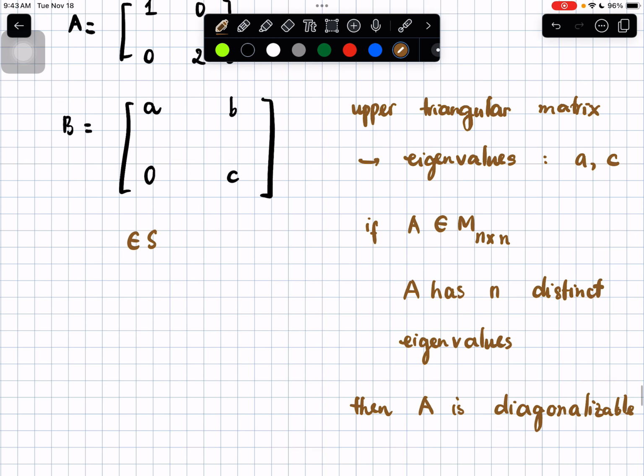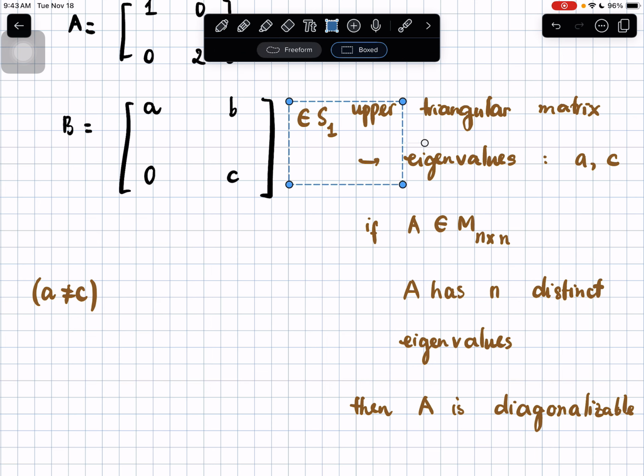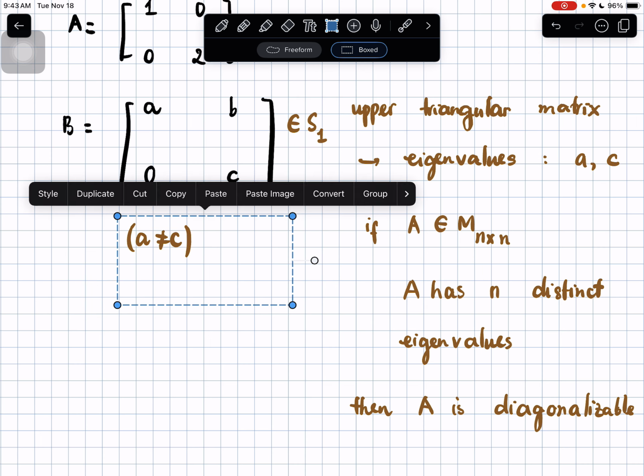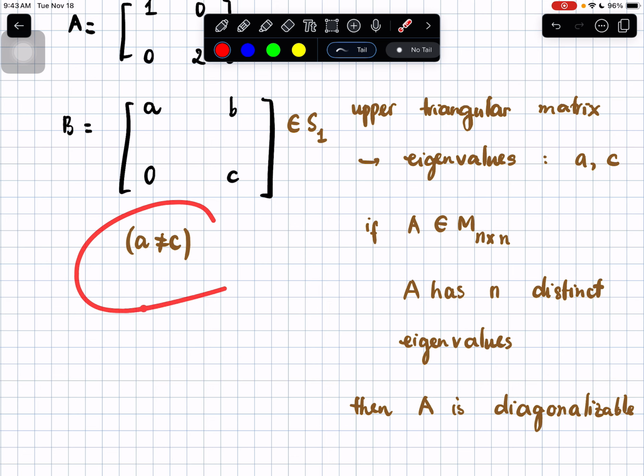This question is very nice. So this one we want to be in S1. To make it easy, just choose A and C to be different. If A and C are different, we know for sure that whatever matrix B is, it has to be diagonalizable. So in our case, we choose this so that A is different from C.